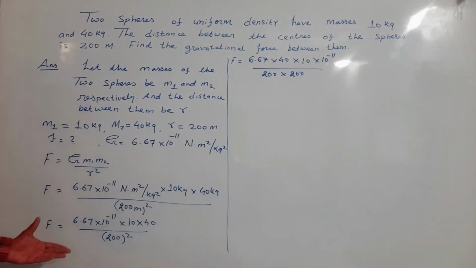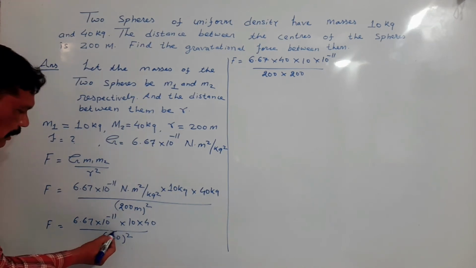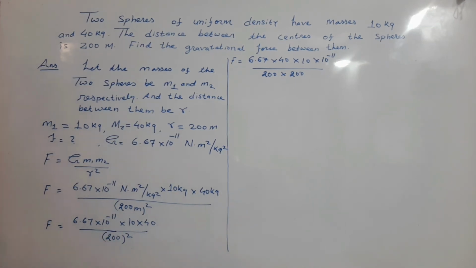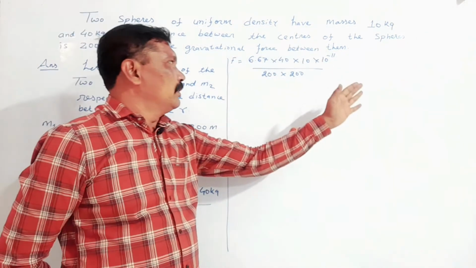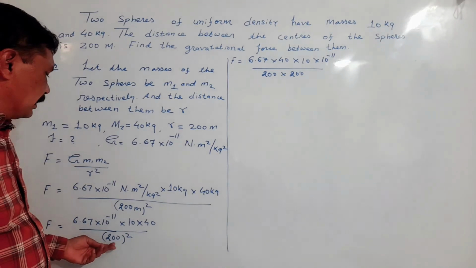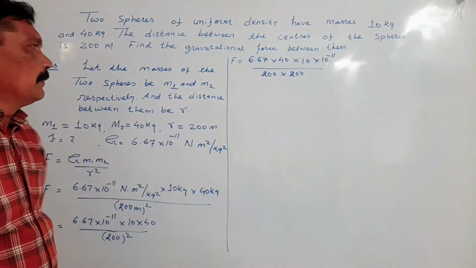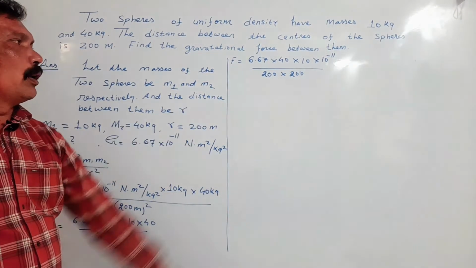My dear student, we have arranged the values in such a way that we have taken 10 to the power on one side and simplify it. 200 square means 200 into 200, and 10 to the power we have brought to one side.